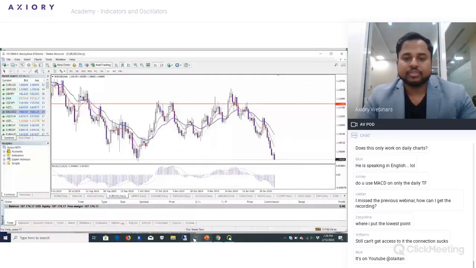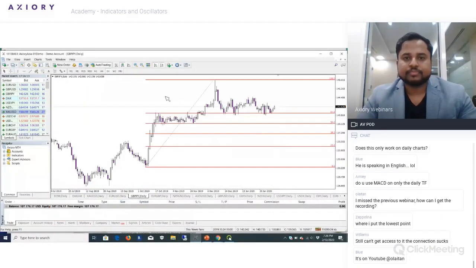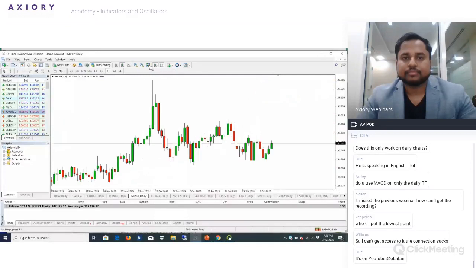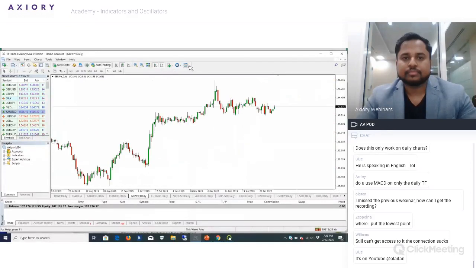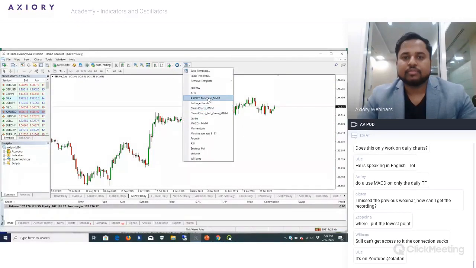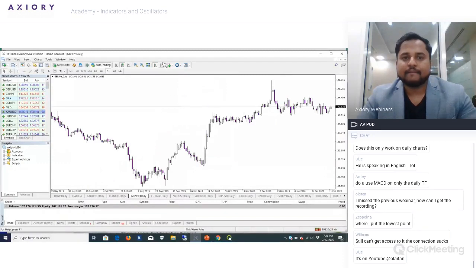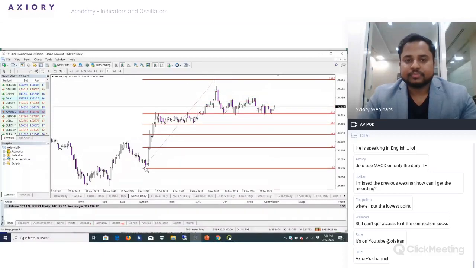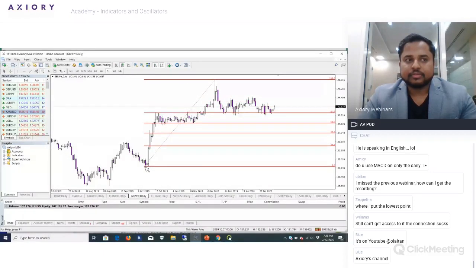Which chart was it? JPY. Take the Fibonacci and draw from here to here. You see here, this is a tool, there is an F here, F for Fibonacci.